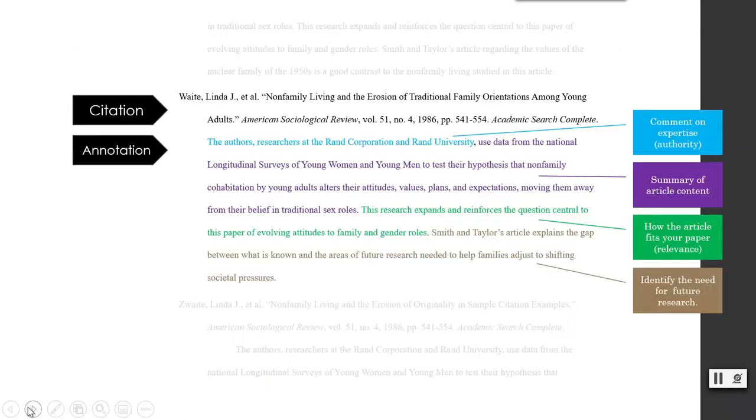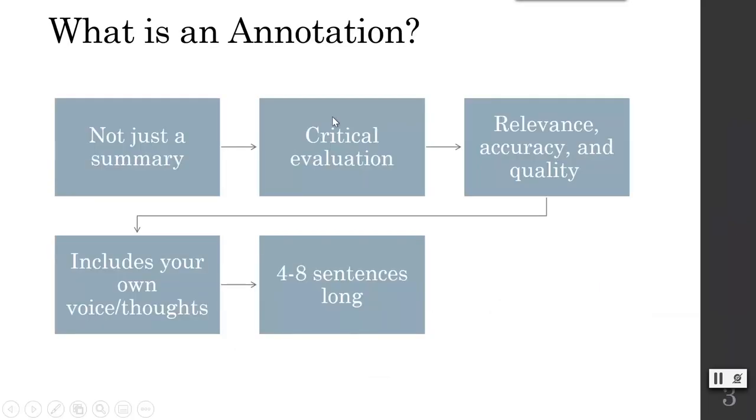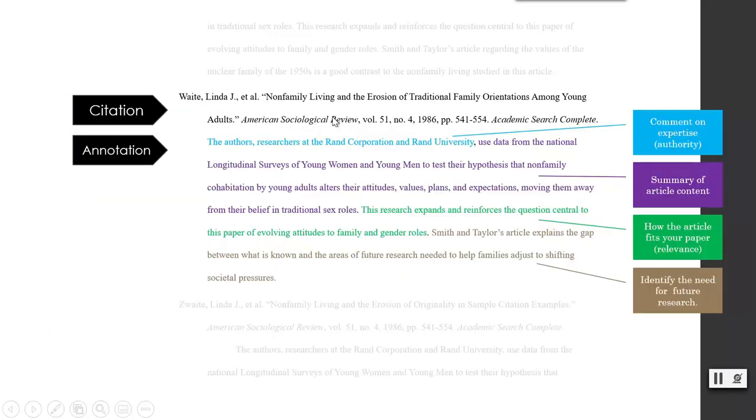So here is an image of an annotated bibliography. This is one article that we're looking at here. You can see that the citation begins with the author's last name, and then you have the name of the article, followed by your usual information.